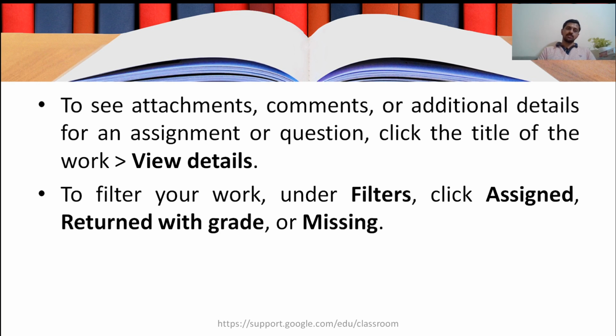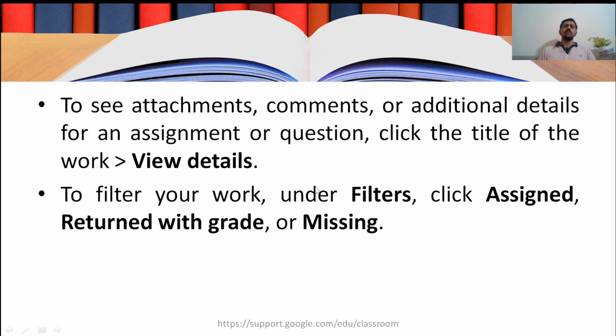As I mentioned, to see the attachments of the assignment of a particular class, click the title of the work and view details. There will be a clickable icon, view details. If you click on that, you can directly download or see the attachment.